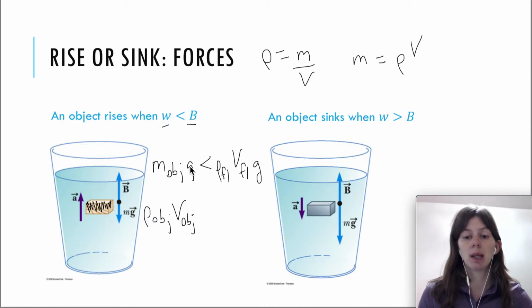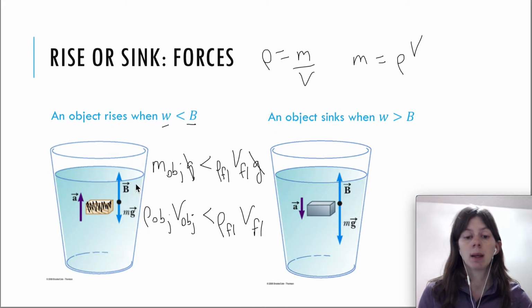Notice in this equation here that the g's cancel out. And I should say inequality, not equation, since the left side is smaller than the right-hand side. So we're left with the density of the object times the volume of the object is less than the density of the fluid times the volume of the fluid displaced.